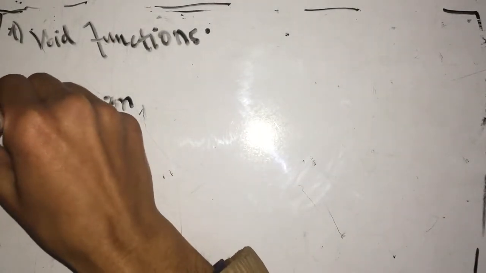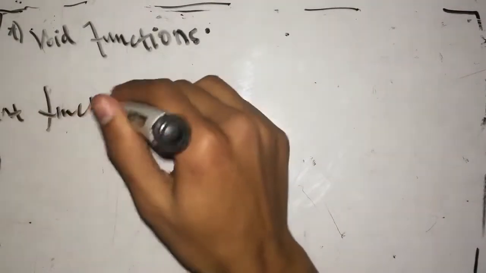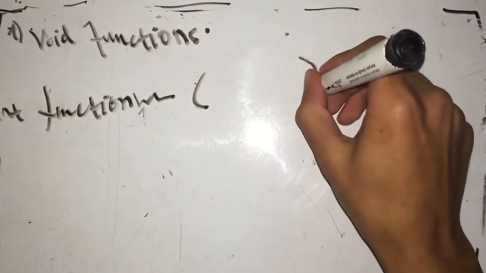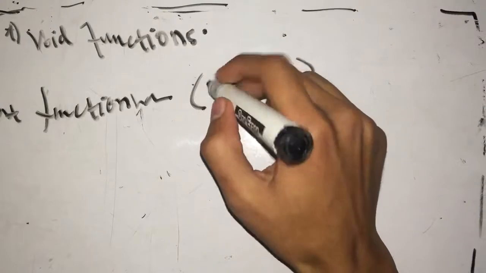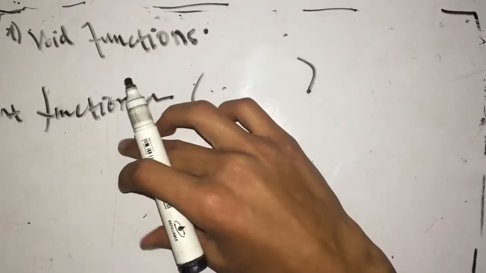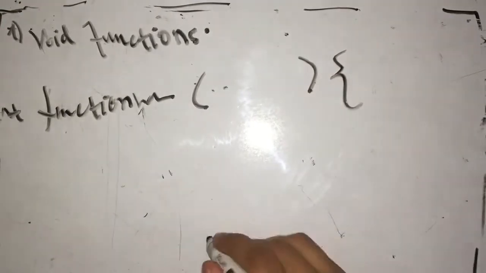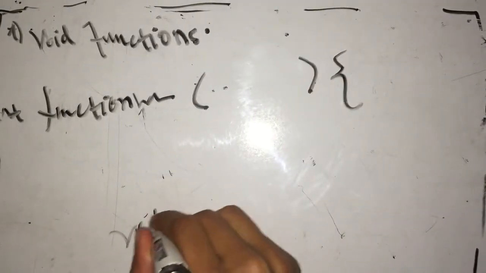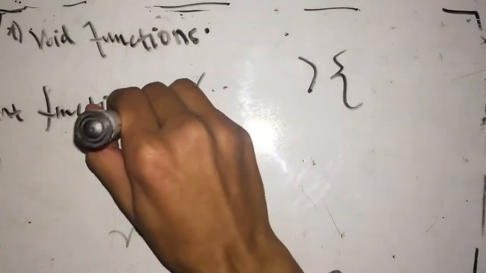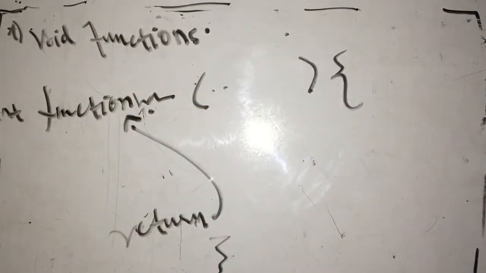For example, you write int here, you write the function name, then you write the parameters in the brackets, and you also have to mention the type of the parameters you are going to use in this function body. You have the function body, and at the end you have a return statement, which returns a certain value to the function name or to the function itself, and then it gets replaced by the function call statement you use in your function main.